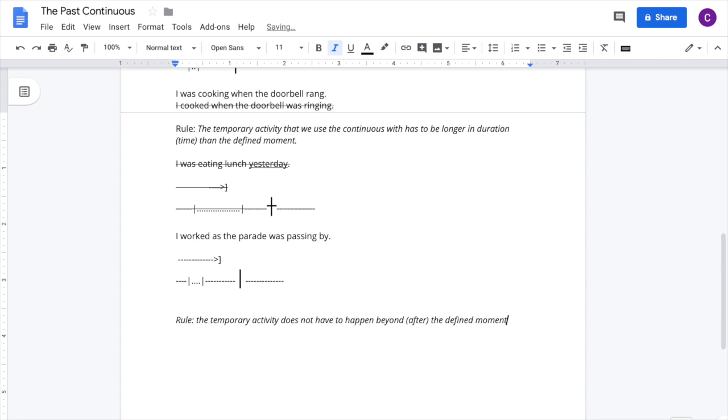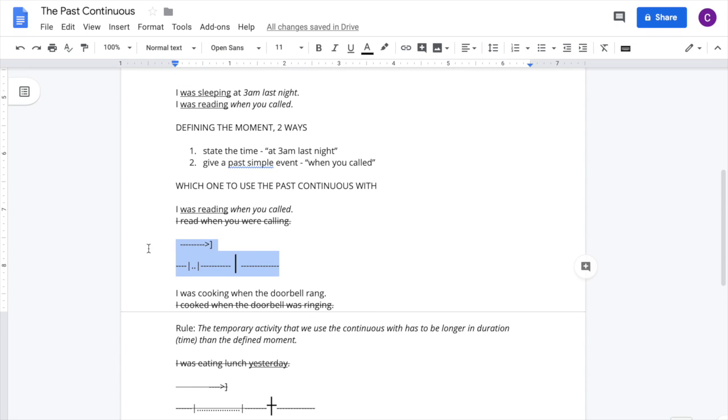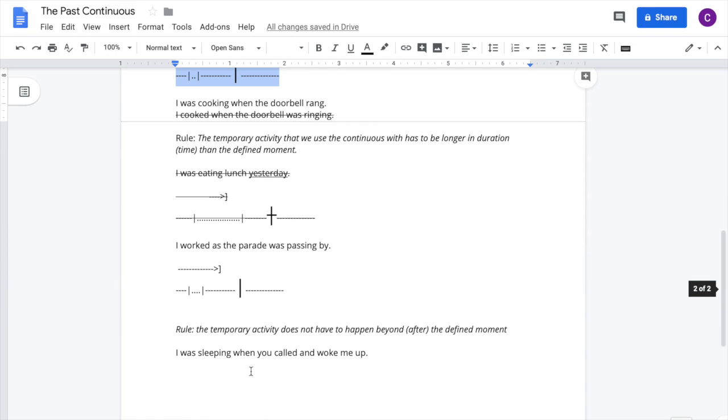Okay, so let's say, "I was sleeping when you called and woke me up." That's a correct sentence. And in that case, we have a situation where the temporary activity happens exactly at the defined moment. Now, what's important in this case is that it begins before the defined moment in order for it to be longer, right?